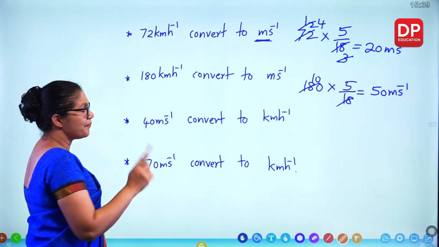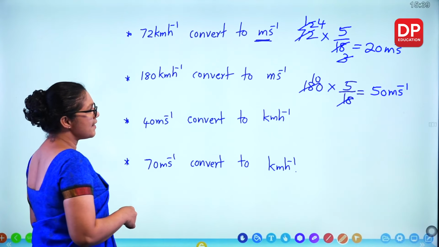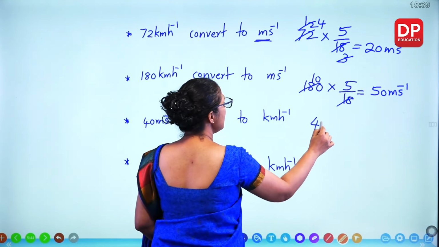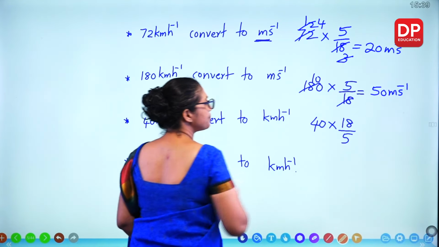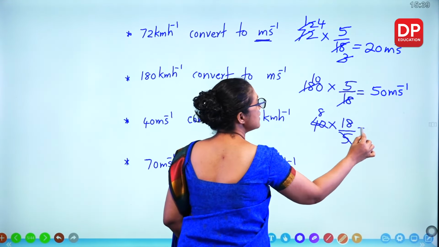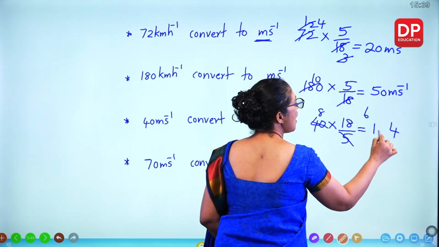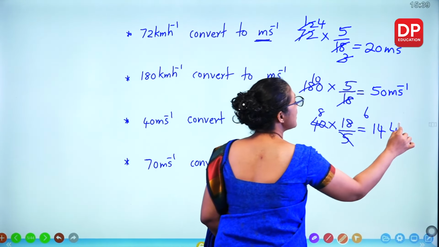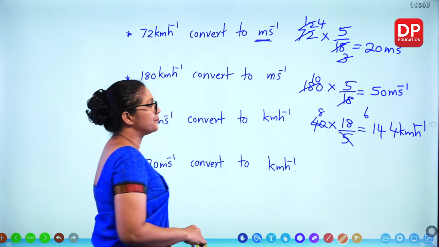Now this one, the other way around. Smaller unit to bigger one. So what's the ratio? For 40, this should be 18 over 5. Then 5 times 8, 8 times 18, 144 kilometers per hour.